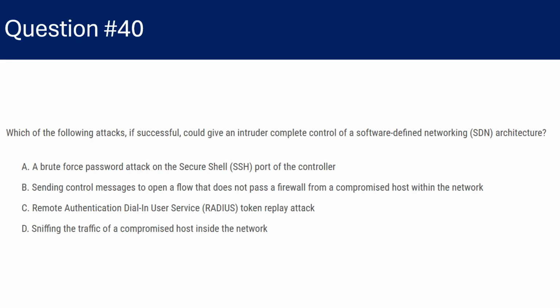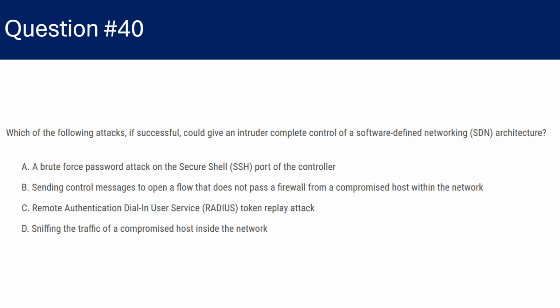Question 40, and the last in this session. Which of the following attacks, if successful, could give an intruder complete control of a software-defined networking SDN architecture? A, a brute force password attack on the secure shell or SSH port of the controller.